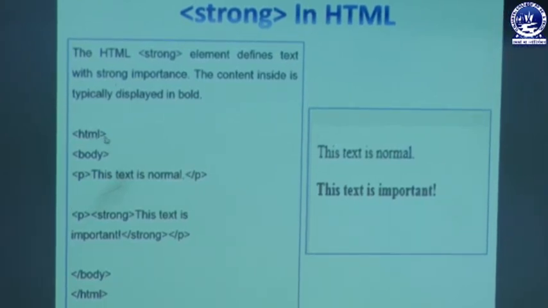So the program starts with HTML, then the body tag, then we have two paragraph tags. In the first paragraph tag we have written "This text is normal", which is being displayed in the web browser in a normal format.